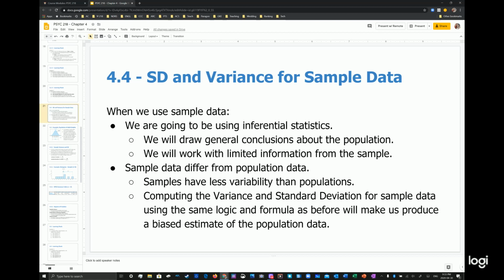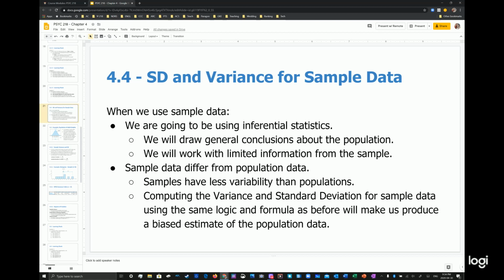So for the rest of this chapter, or the rest of this set of lecture slides and this video, we're going to look at standard deviation and variance for sample data. And this is important for a number of reasons. One, we hardly deal with small populations, or put it in another way, we hardly deal with entire populations.